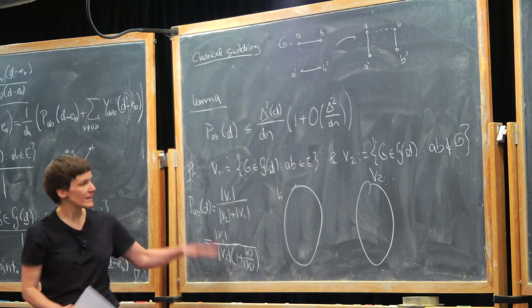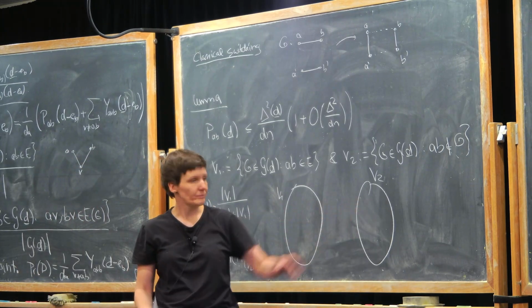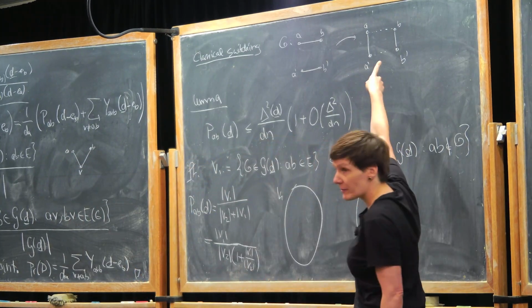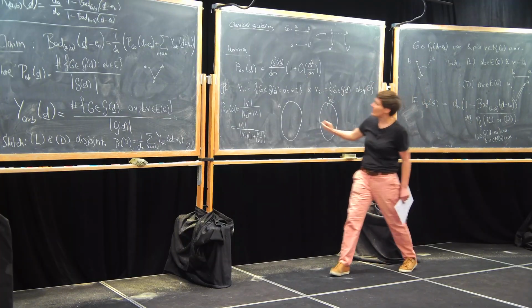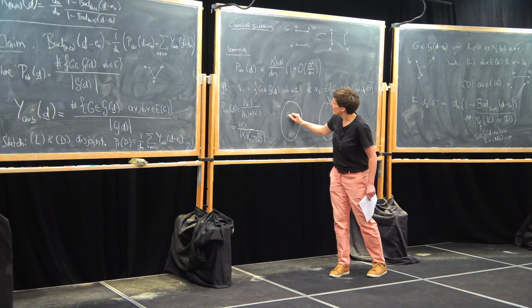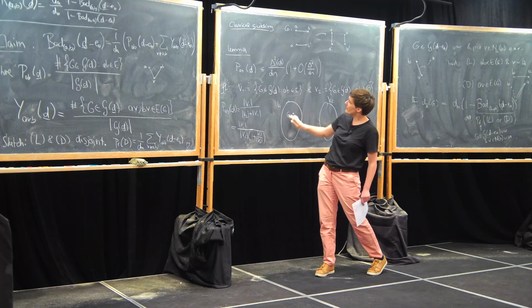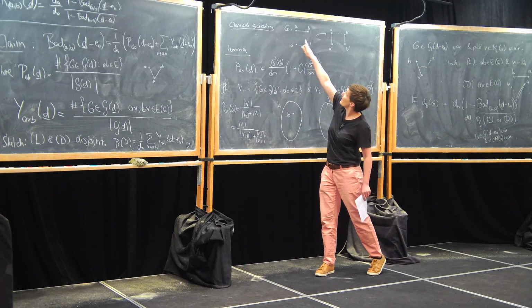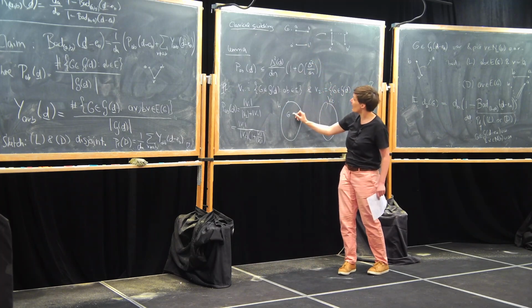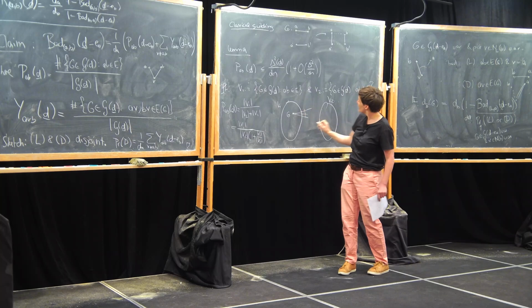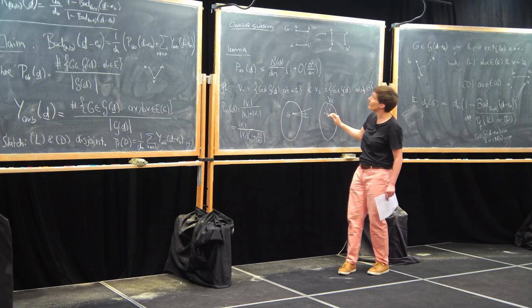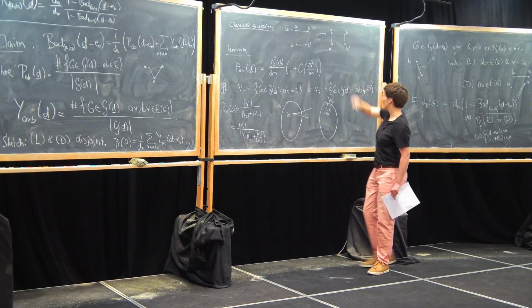Okay, but nevertheless, I want to compare V1 with V2. And I do this by that simple edge switching. So if I pick a graph in here, so it has degree sequence D, and it has the edge, I calculate in how many ways can I switch to a graph G prime where this is not an edge.